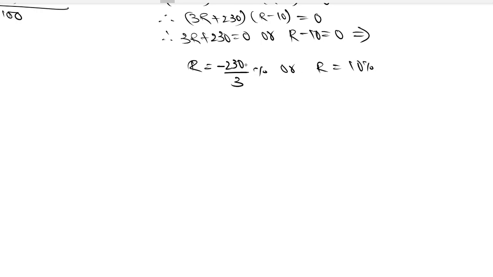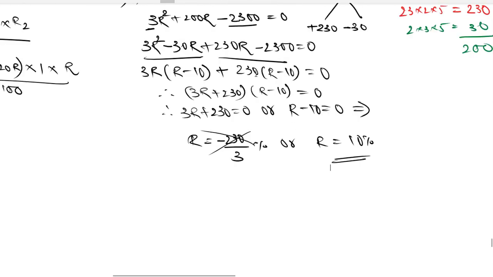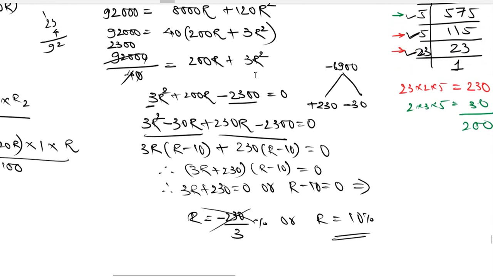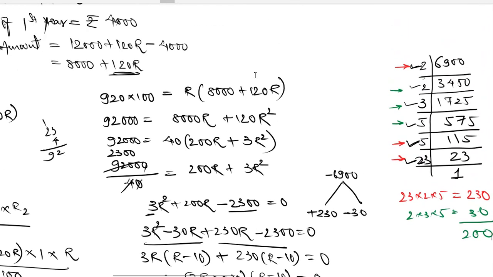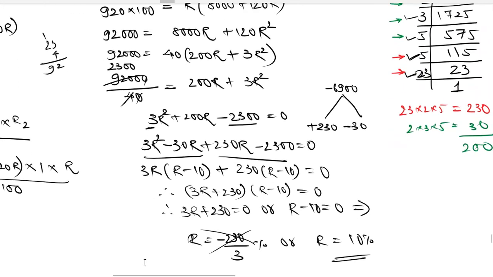Now percentage cannot be negative, so we will not take this. So the rate which we are finding is 10%, and we have got it with the help of a quadratic equation. I hope you all have done the same way, because I don't think there is any other way to find this. So we have got the rate.